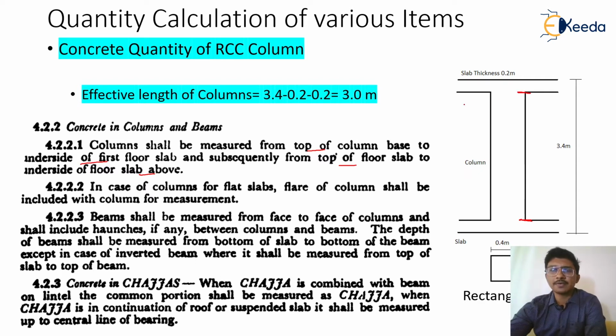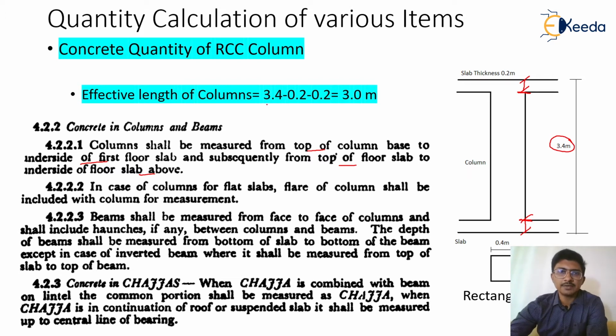Okay, so now if I want to take out the quantities, the total height given is 3.4 meter. That has been mentioned over here. So from that, I have to deduct the depth of the slab from the top and the depth of the slab from the bottom, twice.